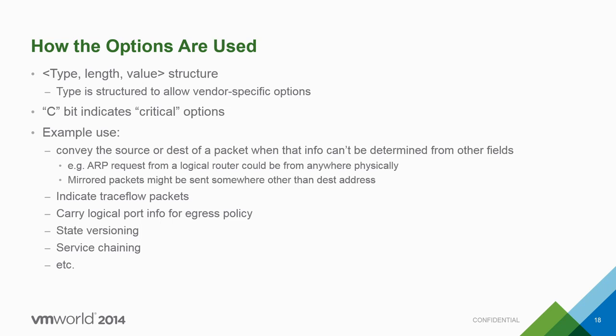There's a lot of different things you could do with these options. I'll just maybe give you one example. That distributed router that I showed you, the ARP packets come from some vSwitch and go to some destination. When you reply to that ARP request, you want it to go back to the correct location of the place where the ARP request was originated.